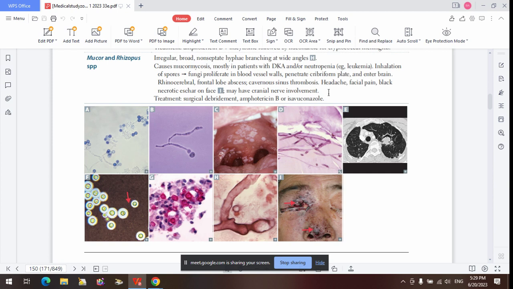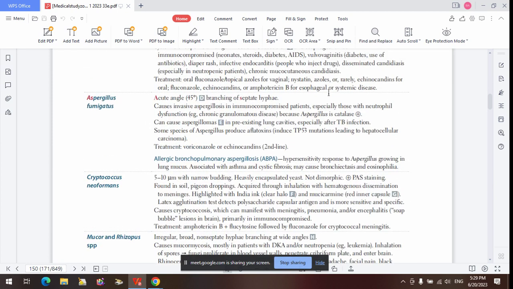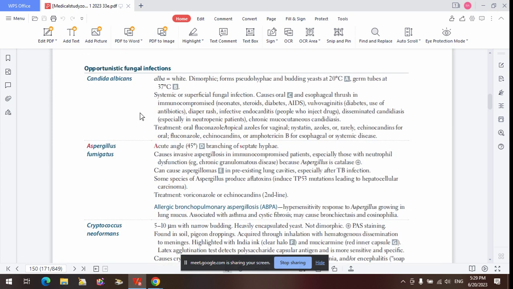I think I forgot to mention something when we were talking about Aspergillus: the treatment. The first-line treatment for Aspergillus infection is voriconazole.